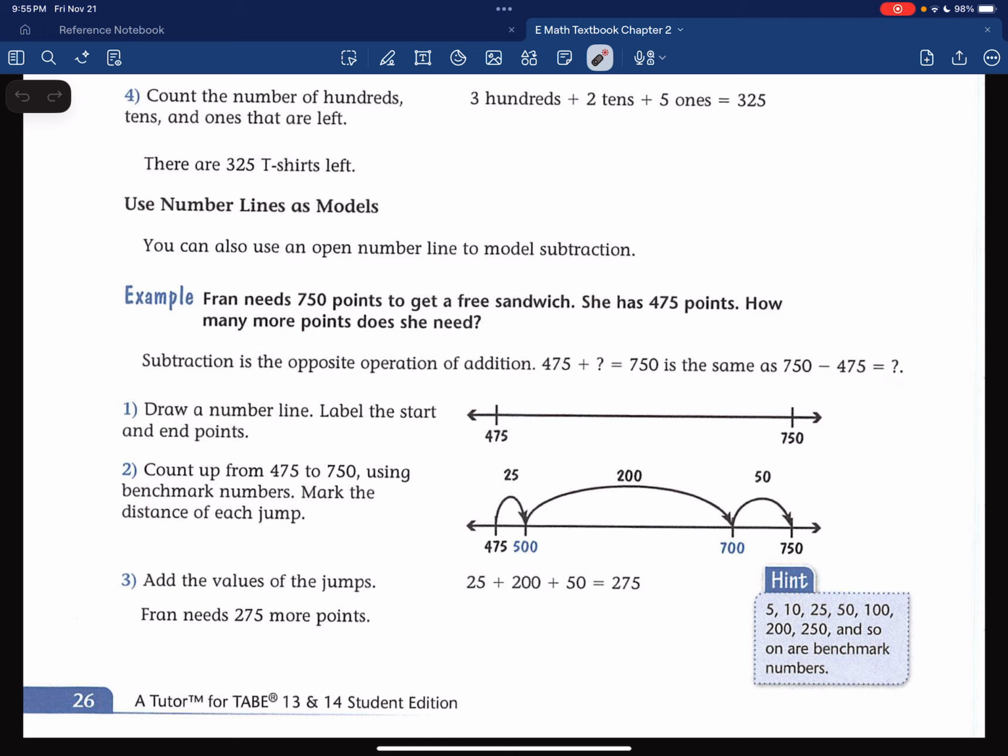And we'll be practicing using those. You can use any numbers you want as benchmarks, but I like these because I understand them based on money. Nickels and dimes and quarters, dollars, those are easy for me because I'm used to thinking about money.